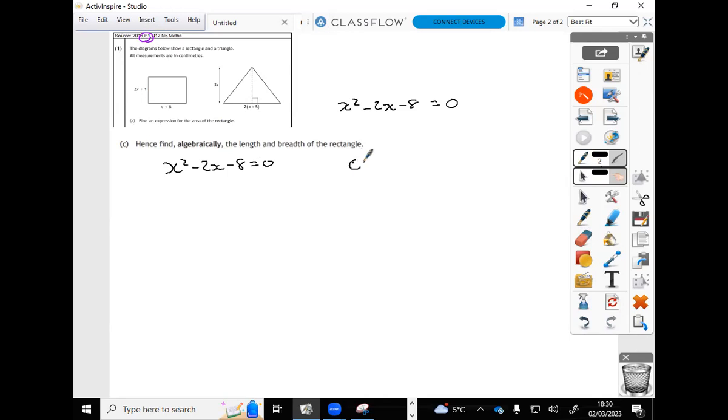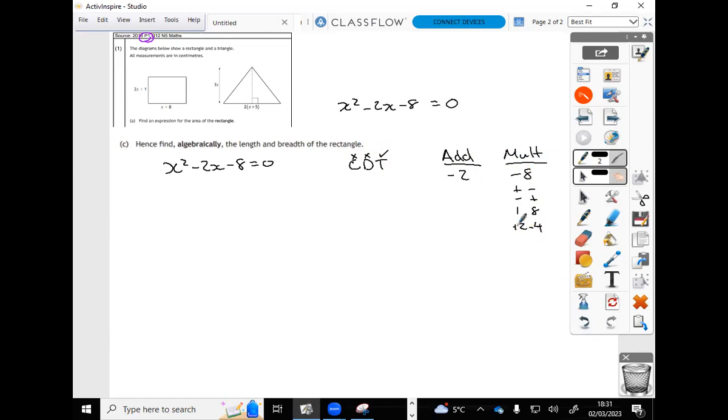Okay, so that process: is there a common factor? No. Is it a difference of 2 squares? No, so I'm going to do a trinomial. I'm going to add two numbers together to make my b term, so minus 2. I'm going to multiply two numbers together to make my minus 8, so I need a plus and a minus. Factor pairs, so 2 and 4, 1 and 8, like that. That's all it goes into.